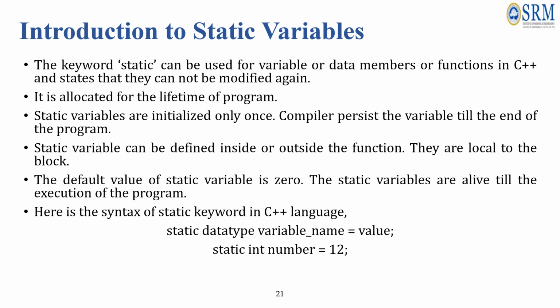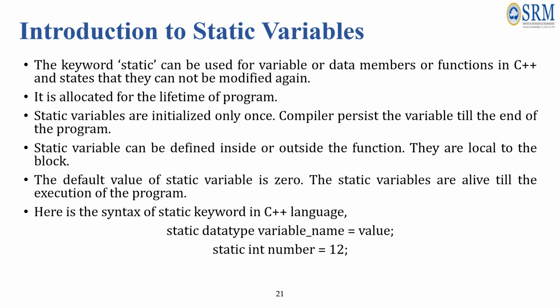Whenever a normal, non-static variable is declared and not initialized, as we have seen earlier, it is assigned some garbage value. But in case of a static variable, whenever we are not initializing it, it is initialized by default to 0.